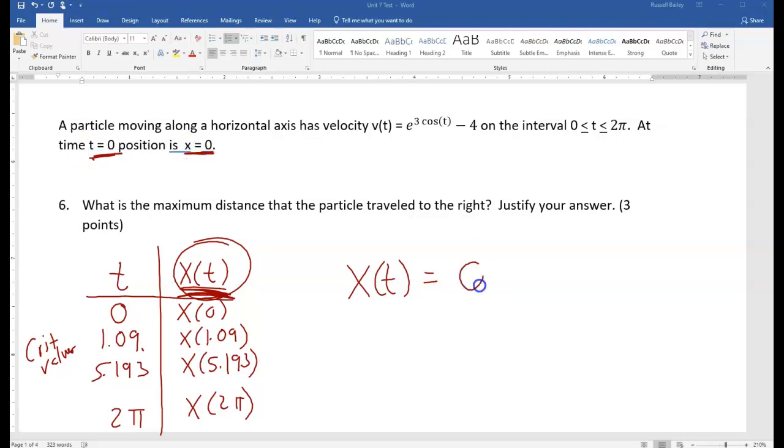My x value is 0, plus the integral of the starting time to the ending time, integration of the velocity. So that's my position function. And I need to plug 0 into that, 1.09, 5.193, and 2 pi. Okay? So that's what I'm going to be plugging into my calculator and letting my calculator do the rest of the work for me. So here we go.